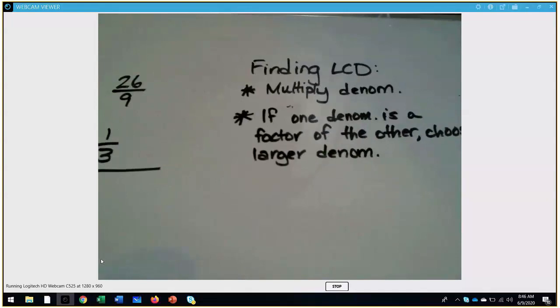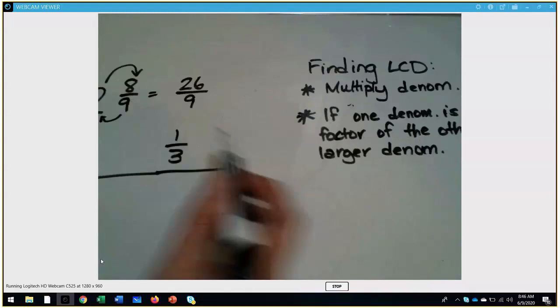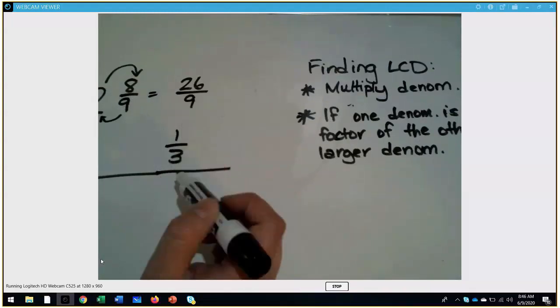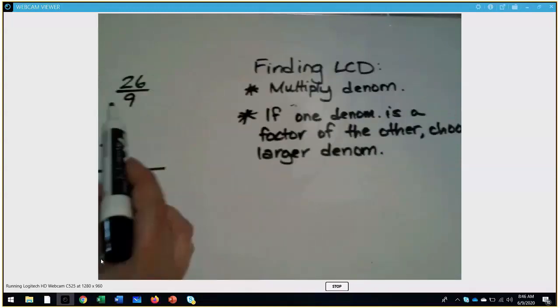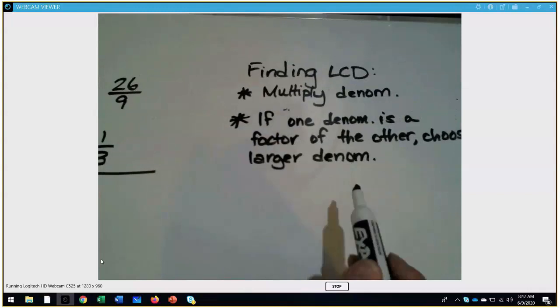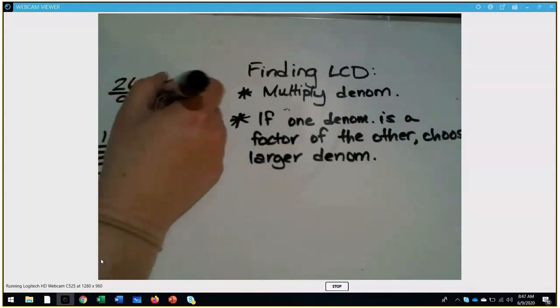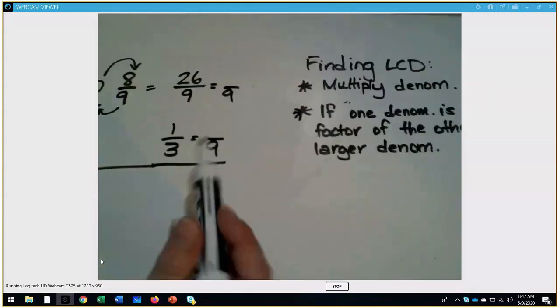What I said was, if one of your denominators is a factor of the other, meaning 3 here is a factor of 9, because you can divide 9 by 3. So 3 goes into 9 evenly. If one of these is a factor of the other, choose the larger denominator as your common denominator. It'll always work that way.